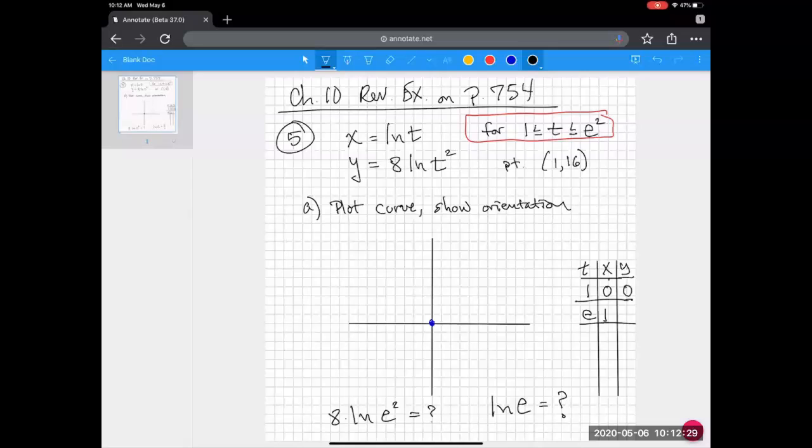And we figure out what that would be. 16. And that helps us because we can see that actually one of the points given on the graph that we're supposed to investigate the derivative of later is 1/16. So if x is 1, it makes sense that y comes out to be 16.